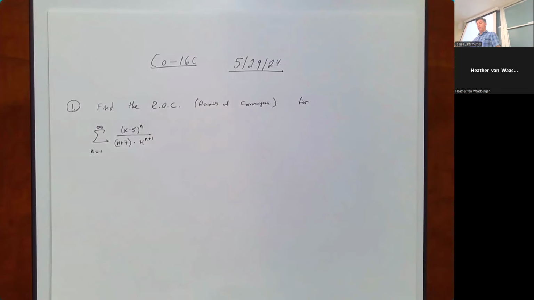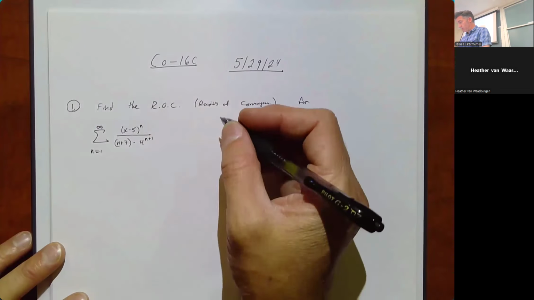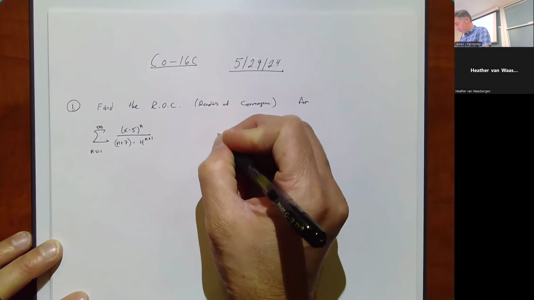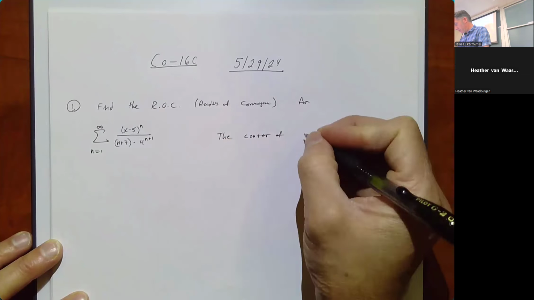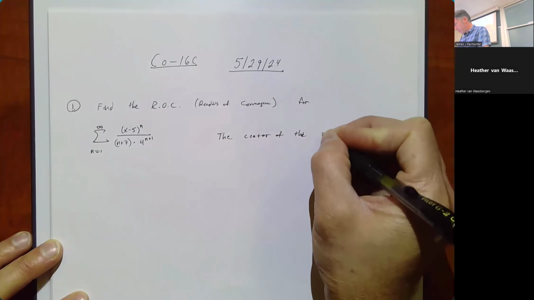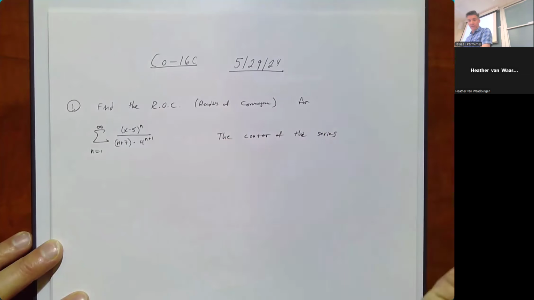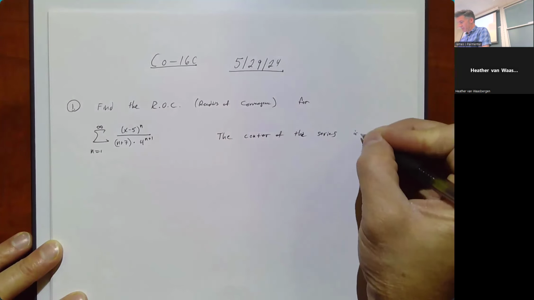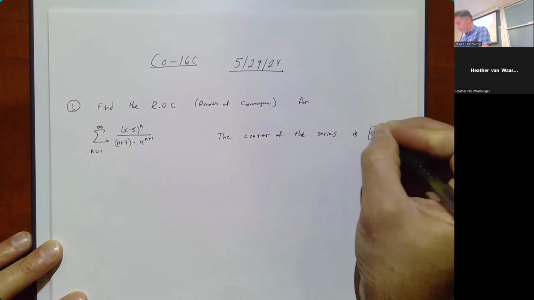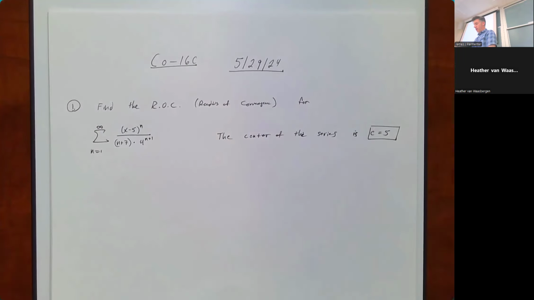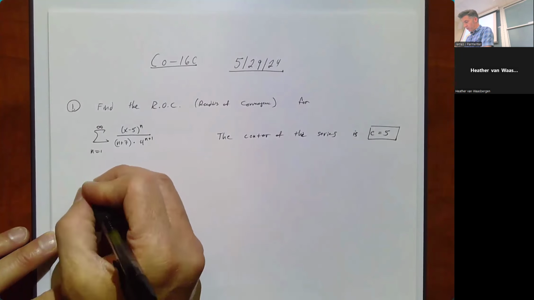Before I start with that, it's worth noting that the center of this series is just x equal to 5. I guess I should say c equal to 5. That's the center.